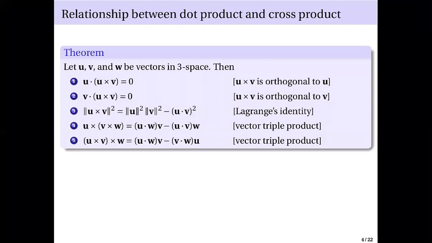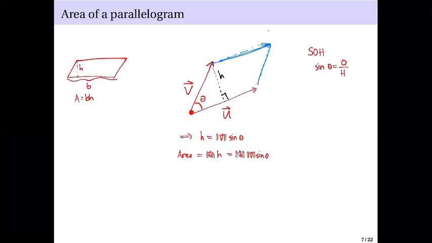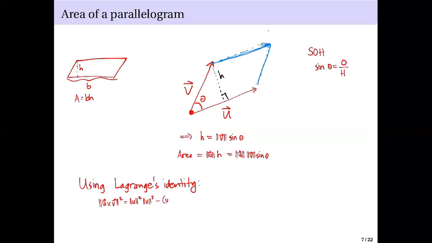Okay? So using the Lagrange identity, you have the norm of U cross V squared. This is norm of U squared, norm of V squared minus U dot V squared.